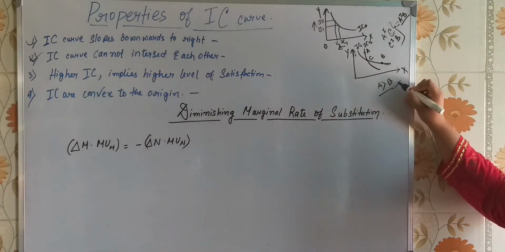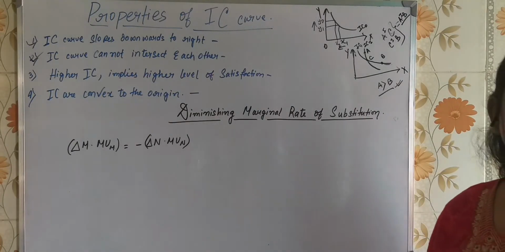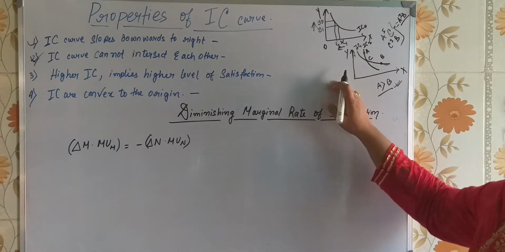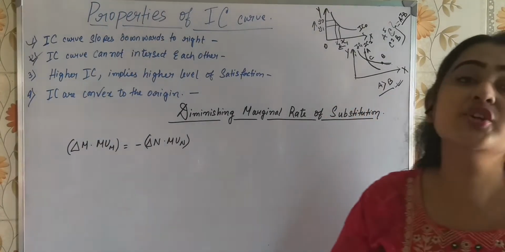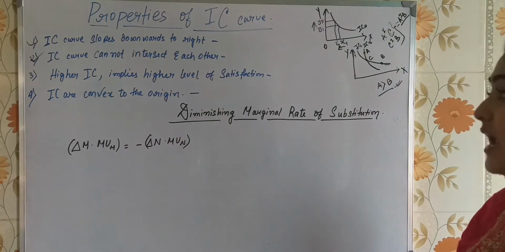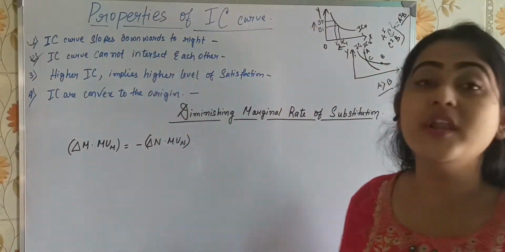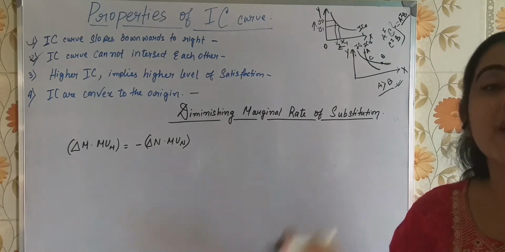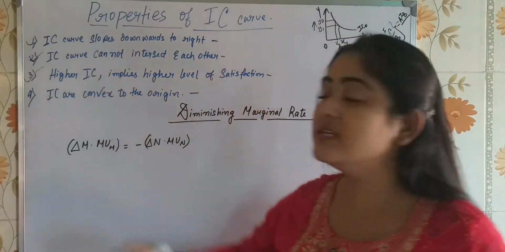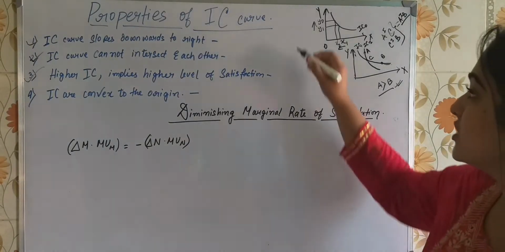But is that true? No, it is not true. So whenever two ICs are intersecting each other, the axiom of transitivity is violated. Got it? That is why we say IC curves will never intersect each other. They are like parallel lines.